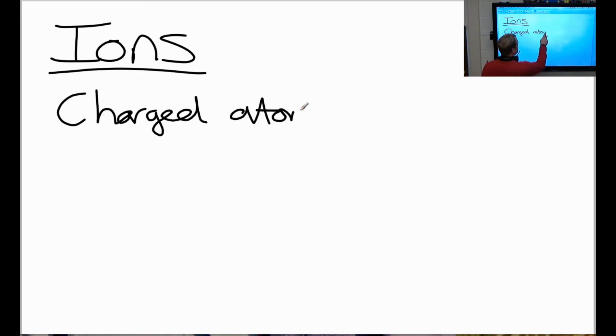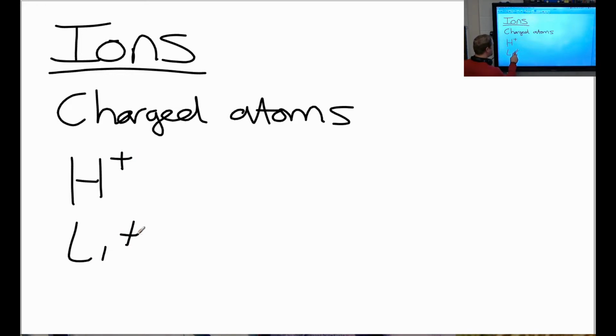if you can remember. Some common ions you will see in this bonding unit will be hydrogen, which would be plus. You would see something like lithium, which is plus. Now, hydrogen is not a metal, but it does form an ion that is important, so I will bring it up.